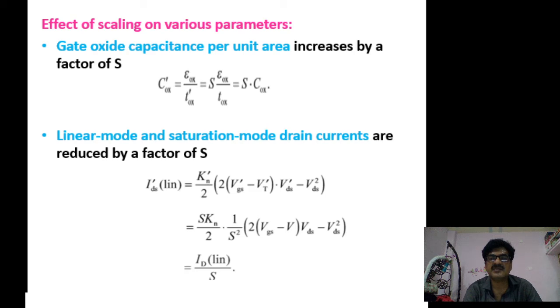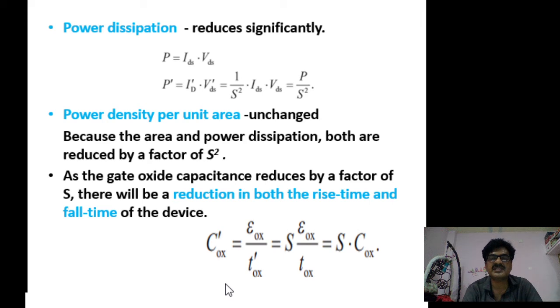The gate capacitance per unit area is increased by a factor of S, whereas the current is decreased by a factor of S. Power is a product of current and voltage. Since both voltage and current are scaled by a factor S, the power dissipation is decreased by a factor of S square.